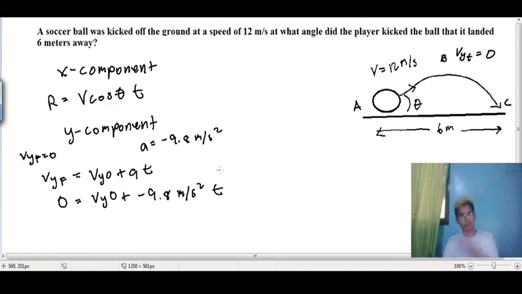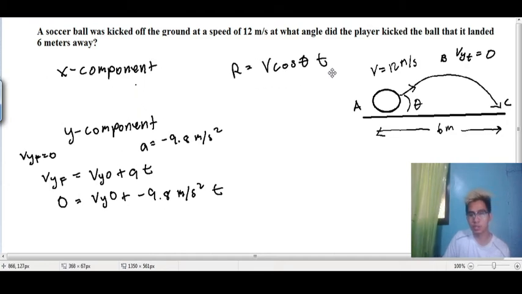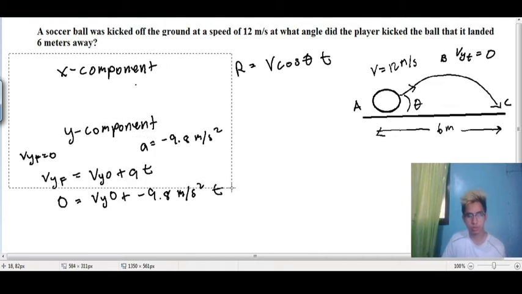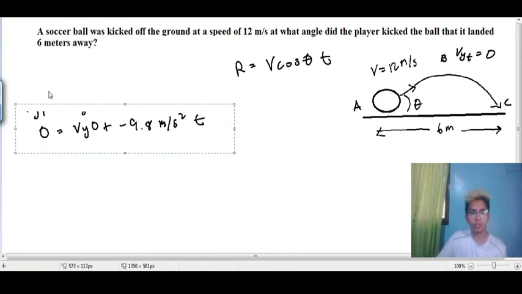So I'm going to clear something for you, so we have your equation here.